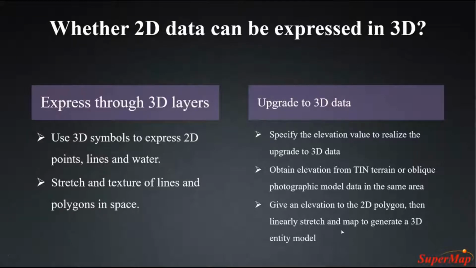If we give the elevation to our 2D data, that is, we modify its Z coordinates, its Z value, to generate a 3D solid model, to generate the model data in our desktop. So that is a method to upgrade the 2D data to 3D data.